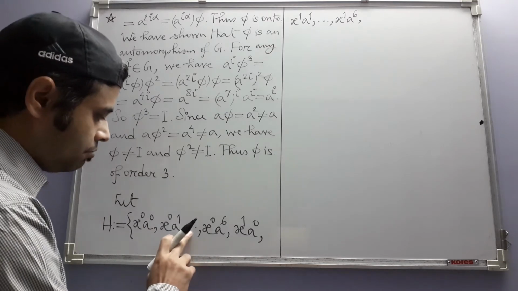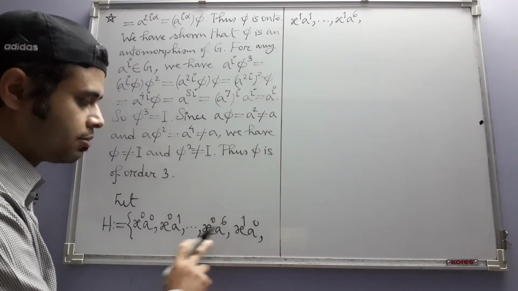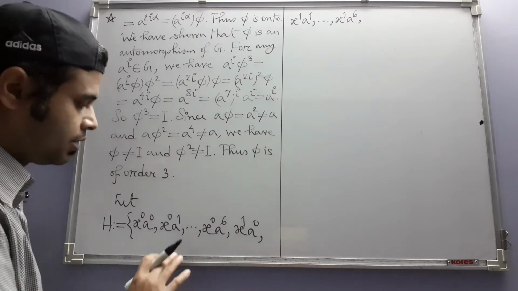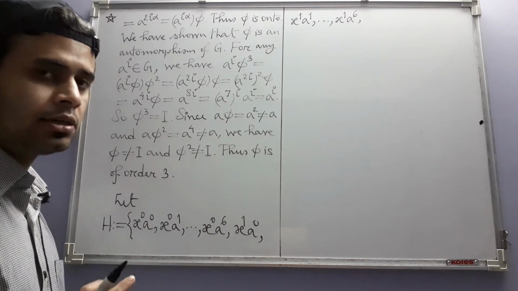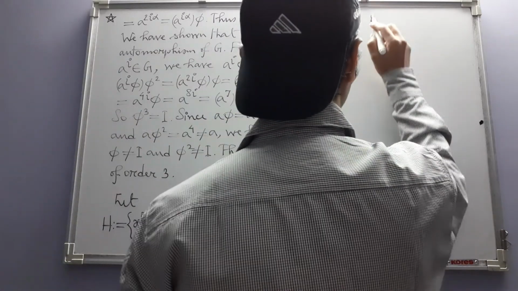Okay, so we have A2, A3, all those things are there. Since we don't want to write the entire list, because then we would have to write 21 elements, we are using ellipses.